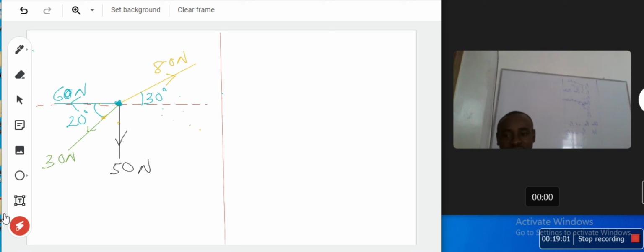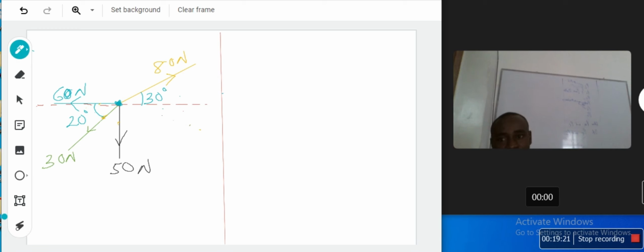Two of the forces will not require resolution: the blue and the black. The blue will not require resolution because it's already parallel to the plane of reference, horizontal. The black will not require resolution because it's already perpendicular at 90 degrees to the plane of reference. So we need to resolve the 80 Newton and the 30 Newton.